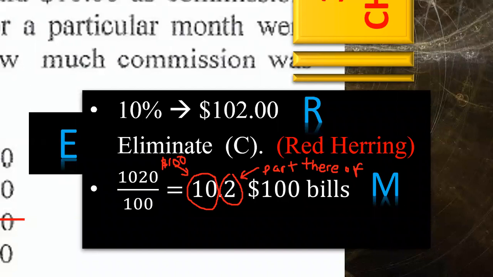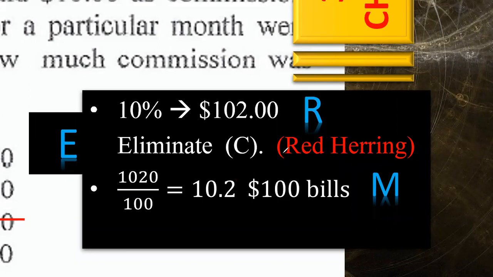Okay, so let's check it again. So how do I know? It says for every $100 bill, he gets $10 commission. So if in a particular month he makes 1,020, when he gets paid $10 for every $100 bill, I want to find out how many $100 bills are there in $1,020, right? Now, if I can go ahead and draw it out.